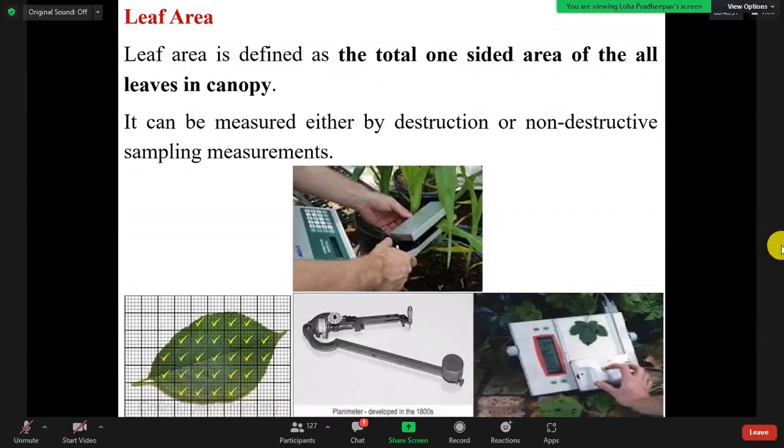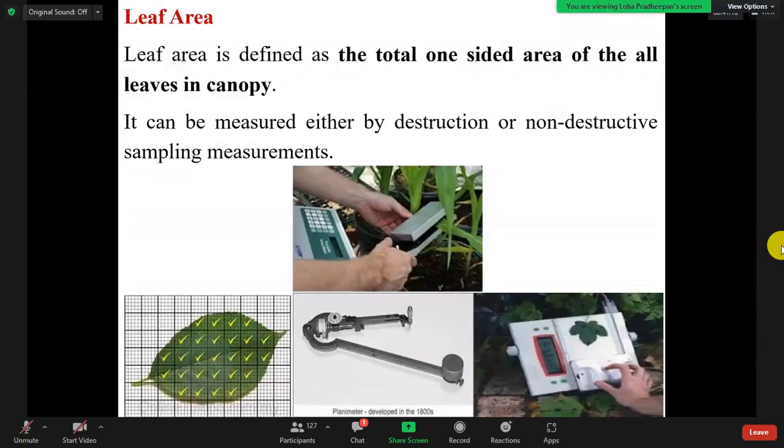So while measuring the leaf area in the plant canopy, we have to get the one-sided leaf area. The leaf area can be measured in two ways, two methods available to measure the leaf area: the destructive method and the non-destructive method.